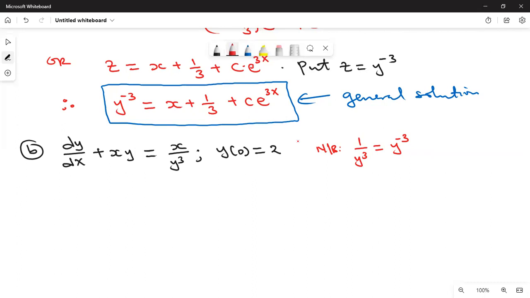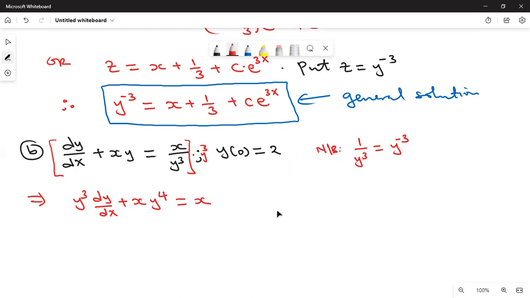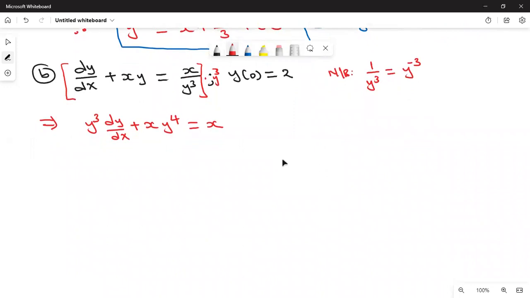There should be no y on the right hand side. So I'm going to multiply this equation by y cubed on both sides so that we have y cubed dy dx plus x times y raised to 4 is equal to x. That's what we get if you multiply by y cubed.